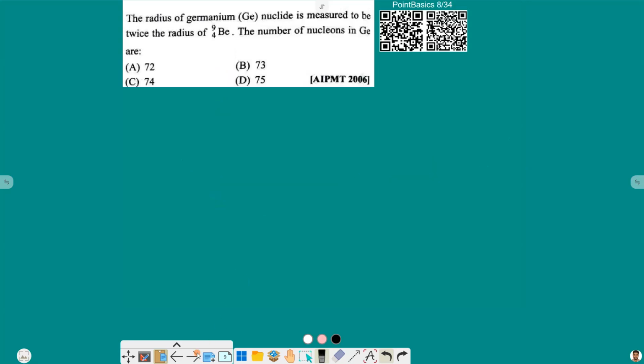Now the next one: the radius of the germanium nucleus is measured to be twice the radius of the beryllium 9/4 nucleus. The number of nucleons in germanium is? So it is mentioned that the radius of germanium is equal to twice the radius of beryllium.